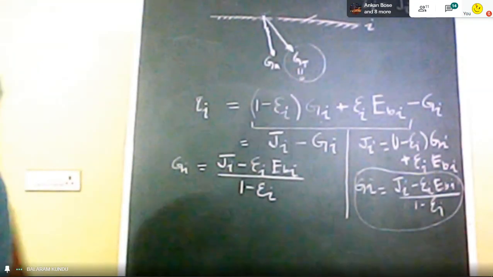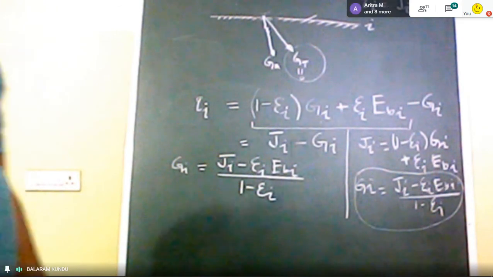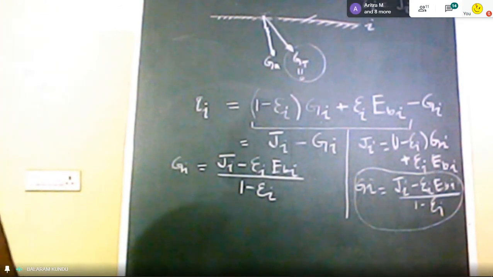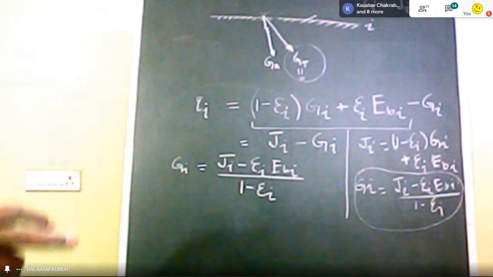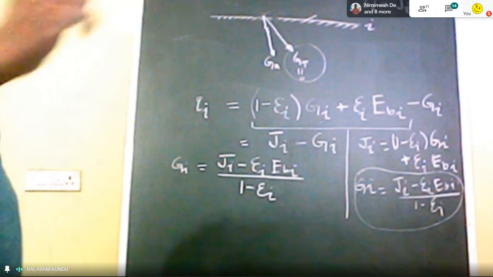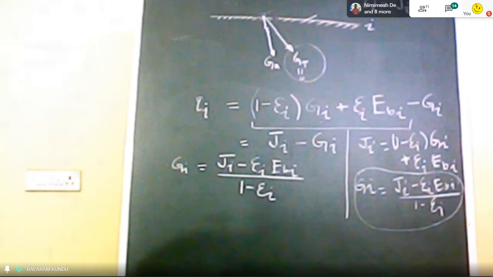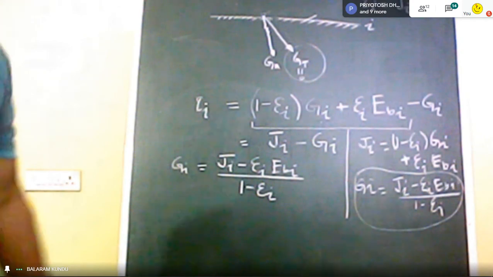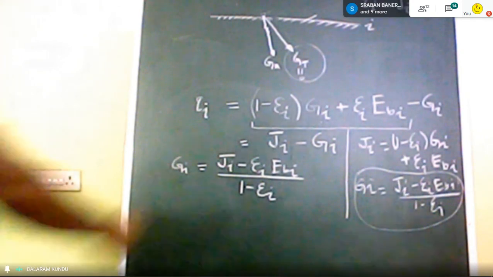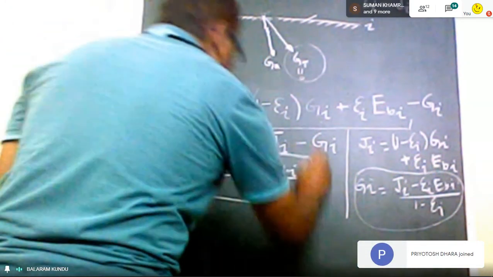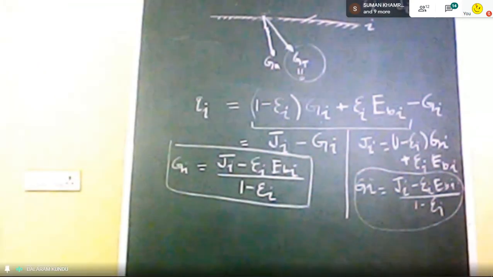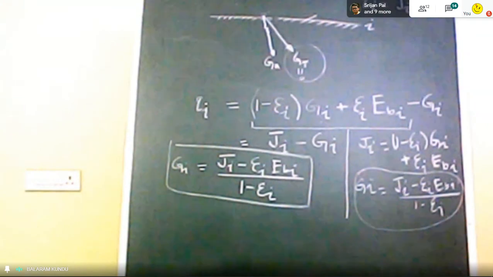So therefore, we want to write Qi as a function of radiosity J. In Qi, the capital G term is there, so it is required to replace capital Gi using this expression: Gi equal to Ji minus epsilon i Ebi, whole divided by 1 minus epsilon i.